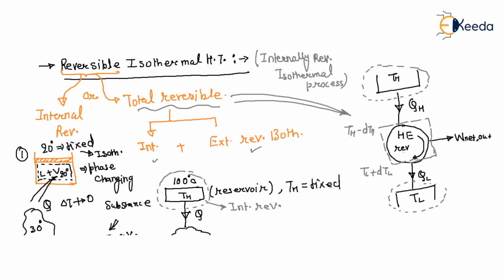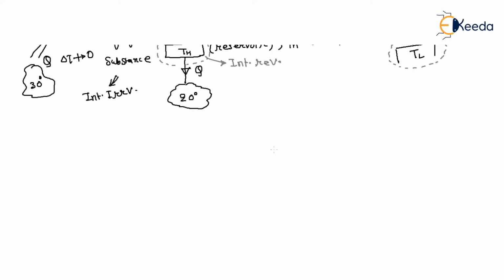It may be externally reversible, it may not be, it may be total, no problem. But when we say reversible isothermal, it must be internally reversible. It need not be externally reversible. So this is a very confusing term.